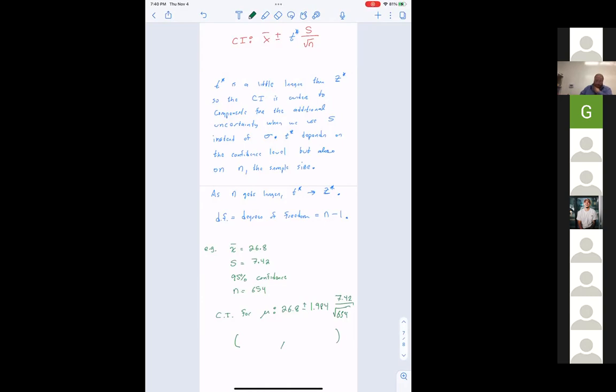I think I put it wrong, but I got like 0.5 for the part on the right. Okay, cool. For the interval, I think it would be 26.224 and then 27.376. Yeah, that's what I got. So the true value, I am 95% confident that it's between those two numbers.